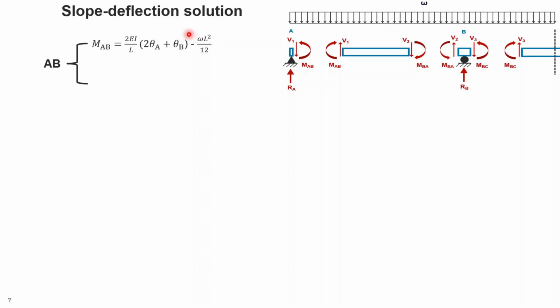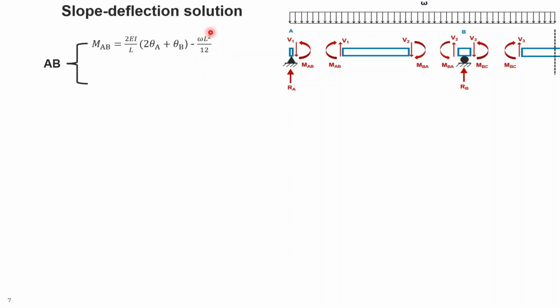For example, for element AB, I'm writing MAB, the moment at end A of element AB, equal to 2EI over L, where E is the modulus of elasticity, I is the second moment of area, and L is the length of the element, times 2 theta A plus theta B, where theta A is the rotation at end A of element AB and theta B is the rotation at point B, minus omega L squared over 12.